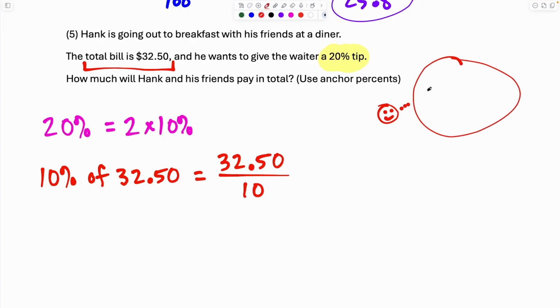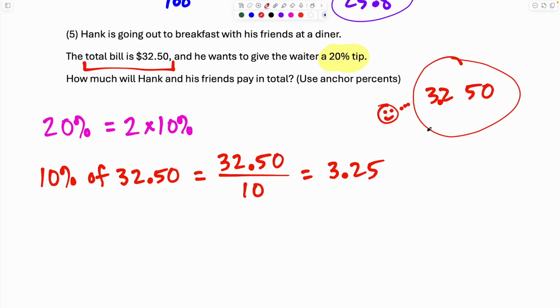If I'm doing 32.50 divided by 10, I just see the decimal point here and I move it to the left one space like this. If I was dividing by 100, then I would go 2 spaces to the left. But since we're dividing by 10, we just go 1 space to the left. So that tells us here that 10% of 32.50 is just 3.25.